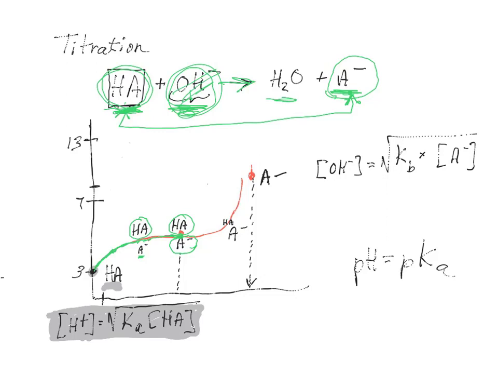Now that, I hope, rings a bell to you in terms of buffers, when you have an equal amount of acid and the conjugate base. I'm going to return to this later because we're going to keep on adding. This is what the titration is all about. We're wiping out that acid.